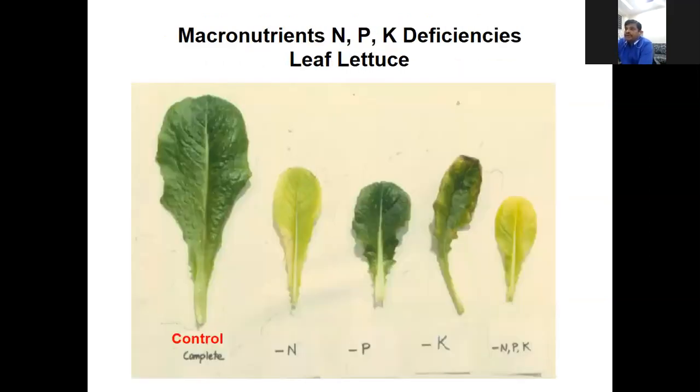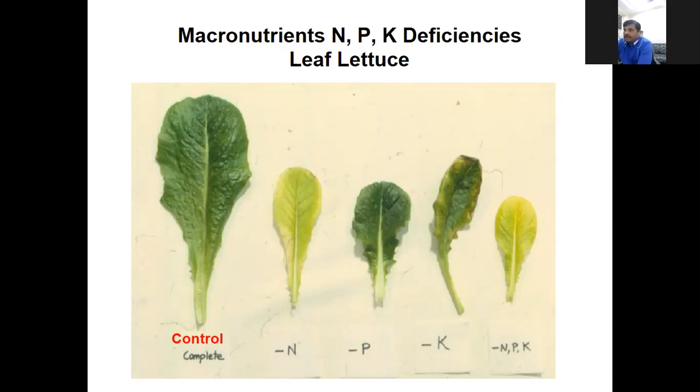So to study the deficiency symptoms of macronutrients, see the number one leaf, that is known as the control. There is no application, there are no deficiencies in terms of macronutrients. The second leaf shows yellowish color, that is marked deficiency of nitrogen. The third leaf shows dark purplish color, which marks the deficiency of phosphorus.